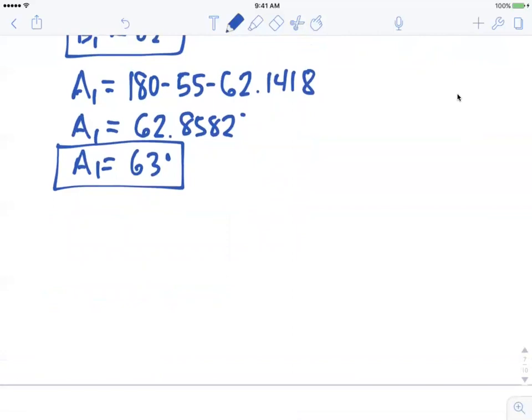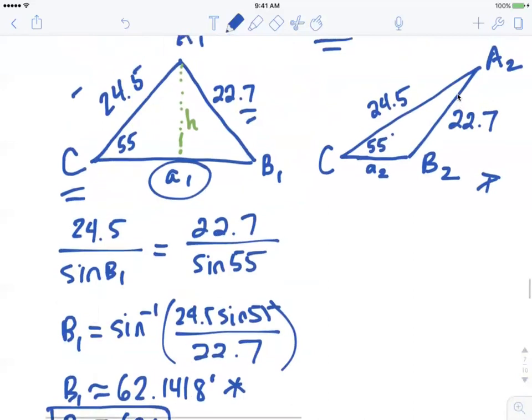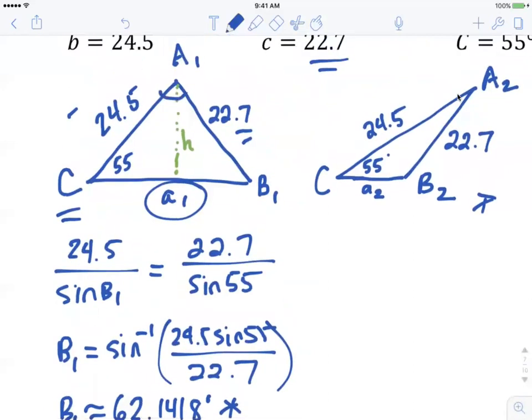Finally, I'm going to find that a sub 1, my side here. Okay, now I know the angle A sub 1, and I've got law of sines, so I can find that.